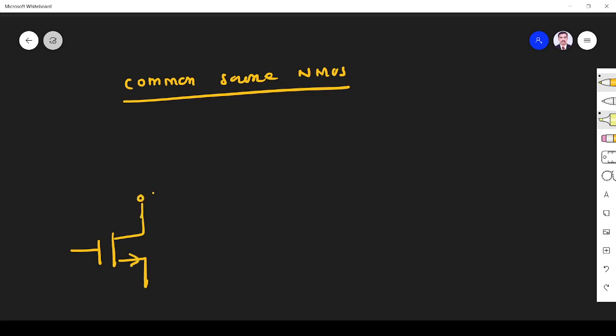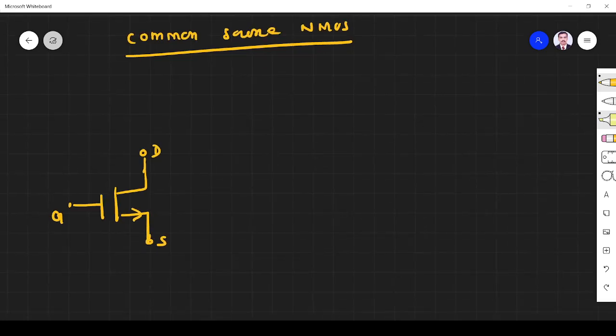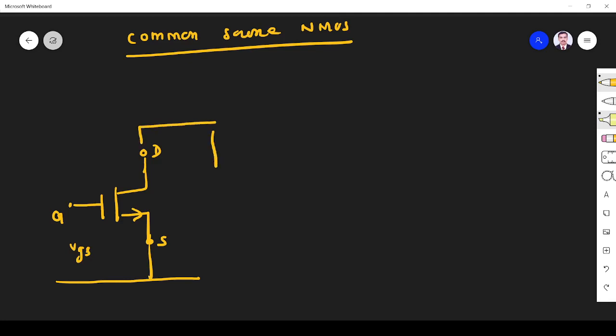This is drain, gate, source, common source NMOS. We know that the voltage between gate and source is vgs. The voltage between drain and source is vds. Now we are going to draw.